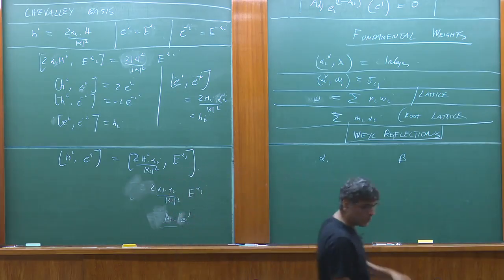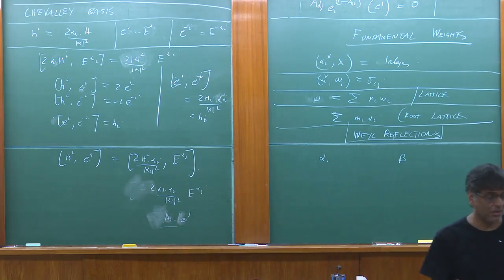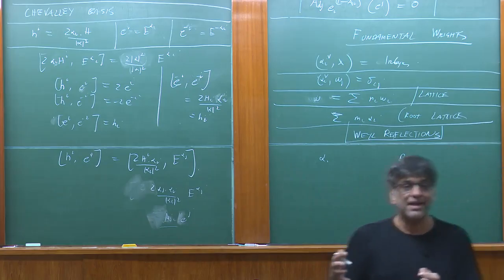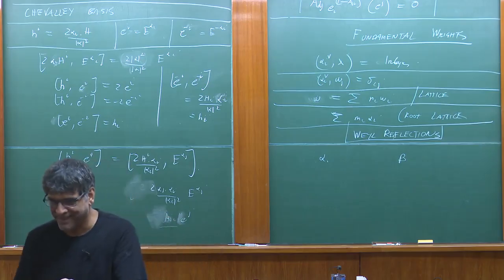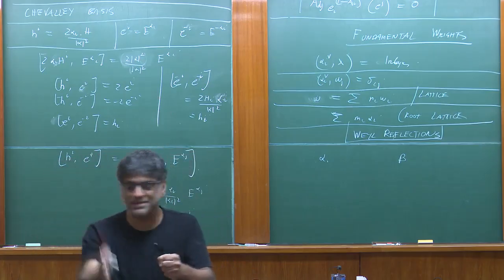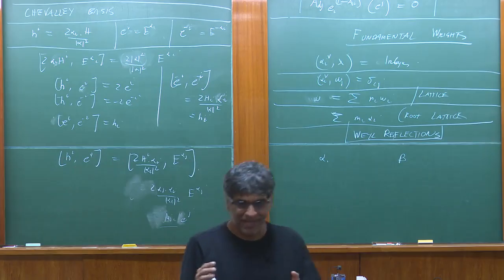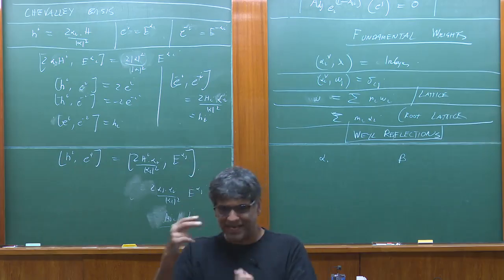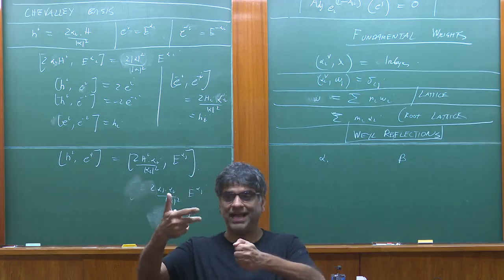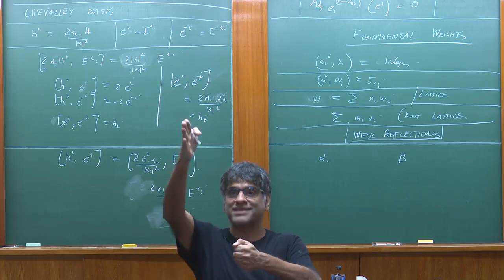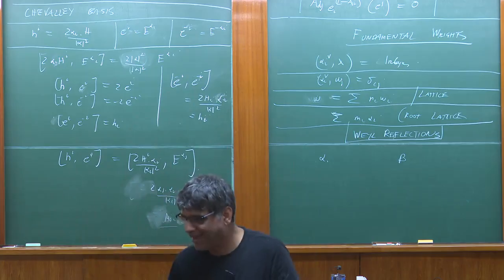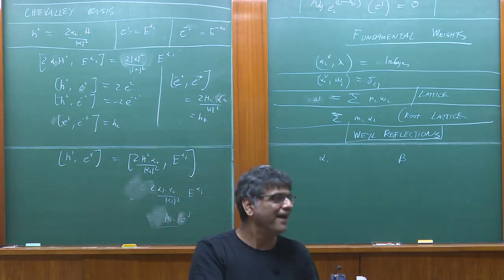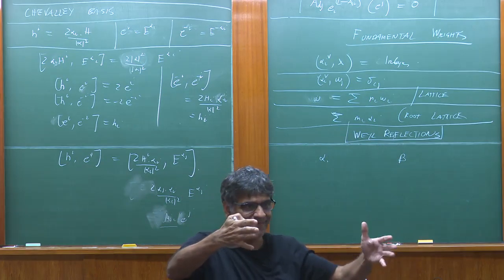Because we don't know exactly where in the representation it lies, it's not immediately clear from this picture, but we can talk about what the other roots are in the SU2 multiplet of alpha in which beta lies.